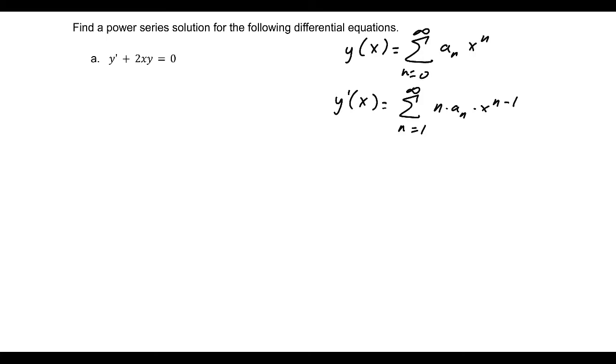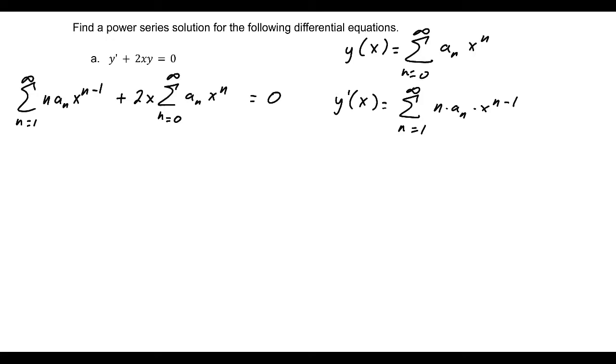This means that we have the sum from n equals 1 to infinity of n times a sub n times x to the n minus 1 plus 2x times the sum from n equals 0 to infinity of a sub n times x to the n, and that is equal to 0.